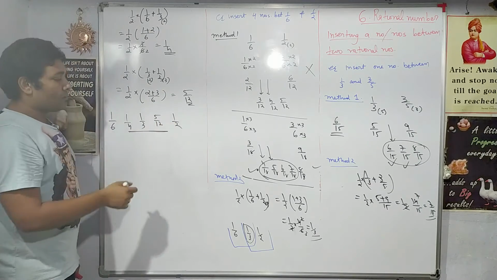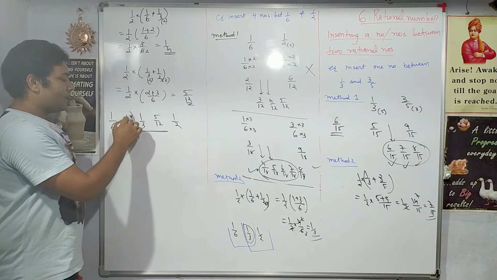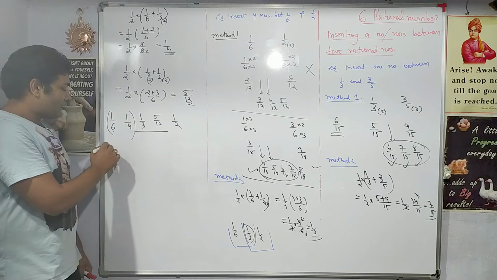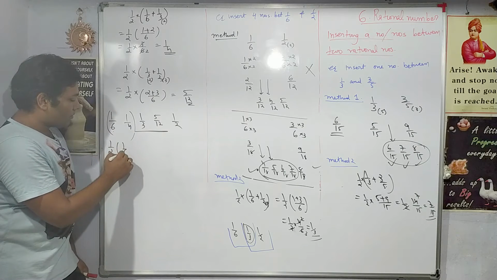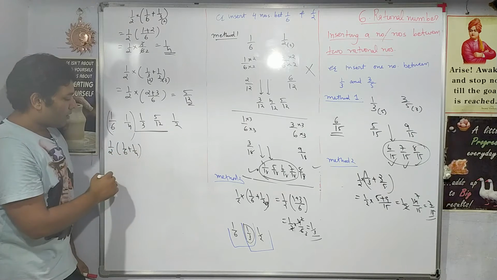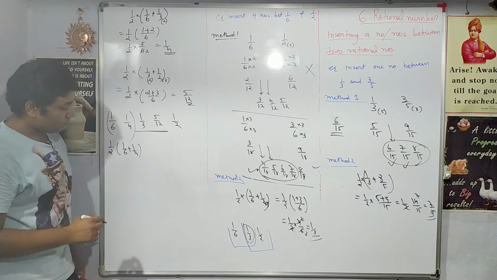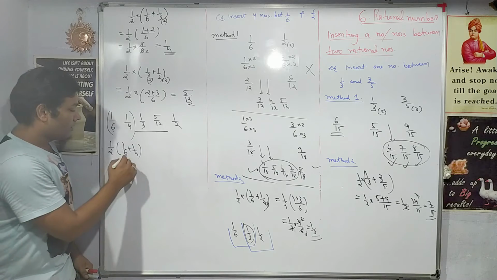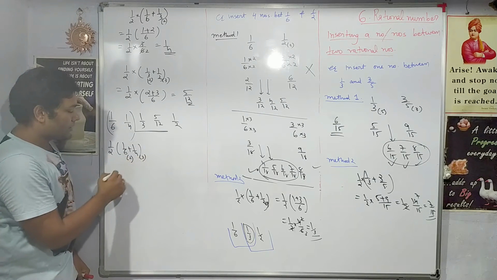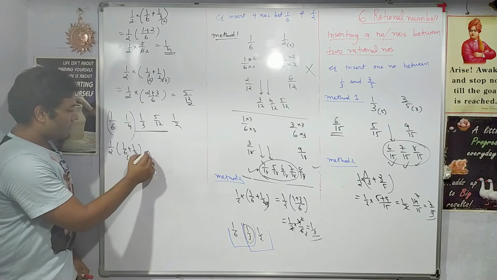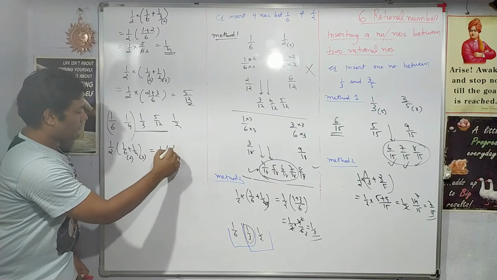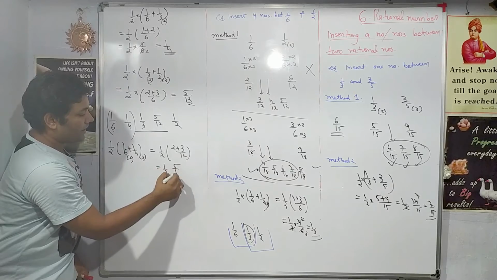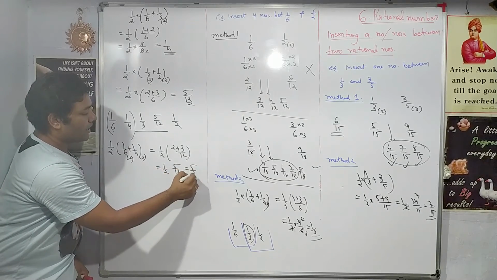I want 4 numbers. So now again you can find one more number between these two using the same method. Let us find out. So half of 1 by 6 plus 1 by 4, what will be the LCM? 3 into 12, right? So here you will multiply with 2 and here with 3, so this will become half of 2 plus 3 by 12, half of 5 by 12, that is 5 by 24.